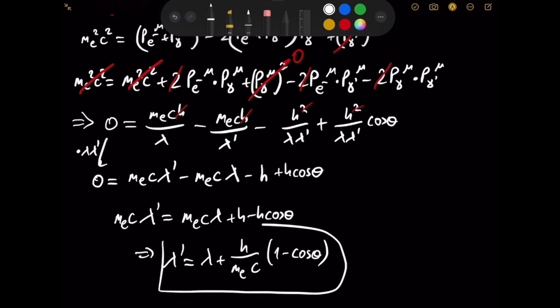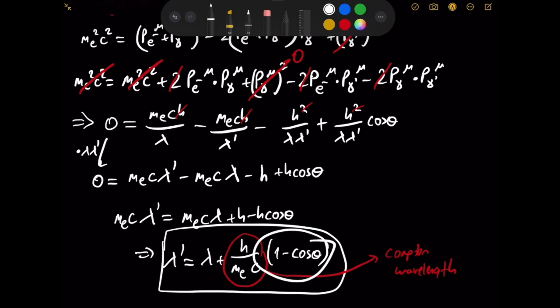And here, this has the units of wavelength, the dimension of length, and this is sometimes called the Compton wavelength. I want to point out one thing. We said we would expect lambda prime to be greater than lambda because the electron was gaining some energy. That means the photon must lose some energy. And look at that, this is a plus, and 1 minus cosine of theta is going to be positive, right?